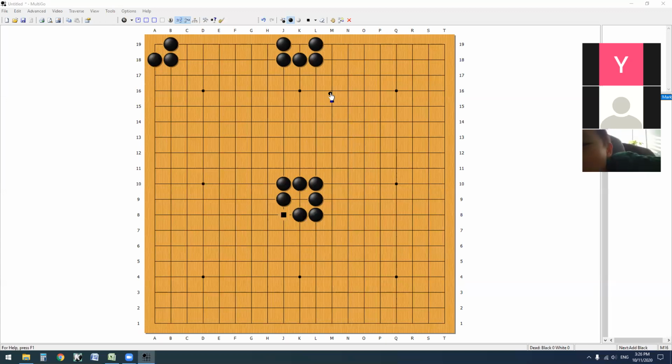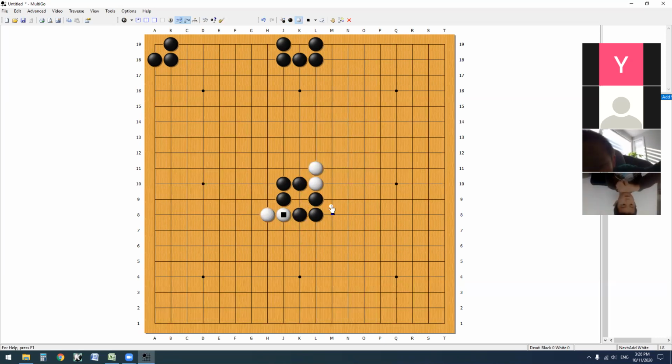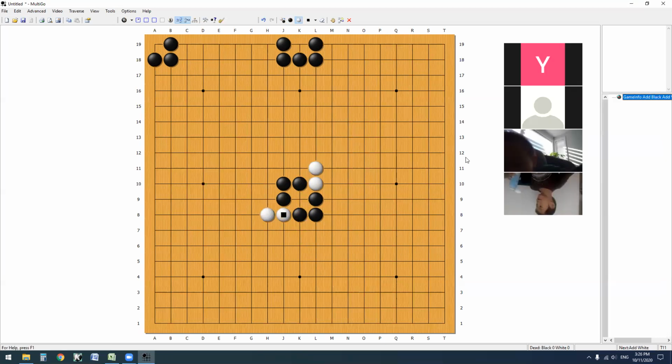So what is a false eye? If these 2 shoulders are occupied by white, then it becomes a false eye. And for the one on the side, if this shoulder has been taken by white, then it's a false eye.